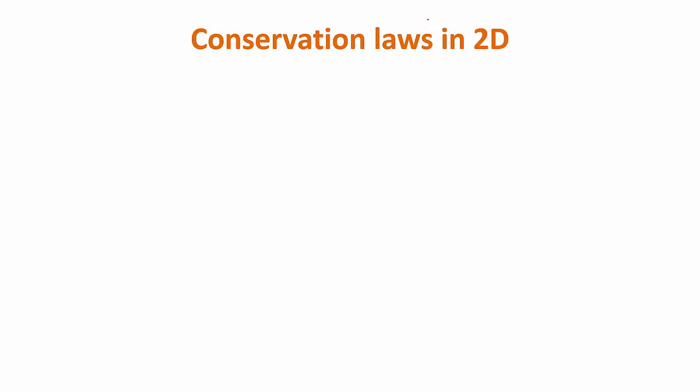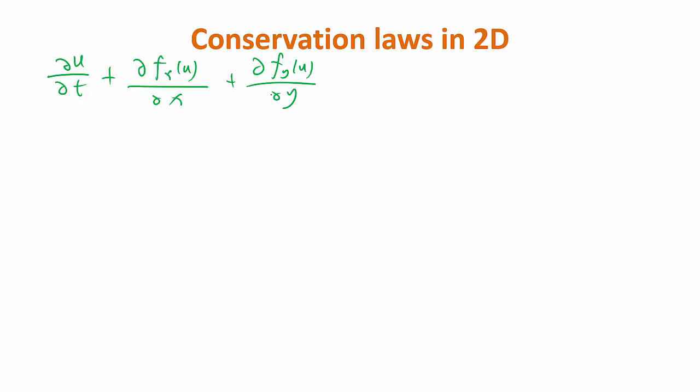That's what we need to do. So conservation laws in 2D are represented by partial u partial t, plus partial f x of u partial x, plus partial f y of u partial y equal to 0.